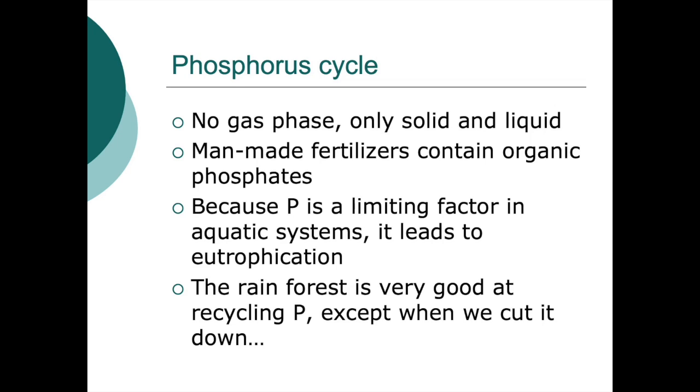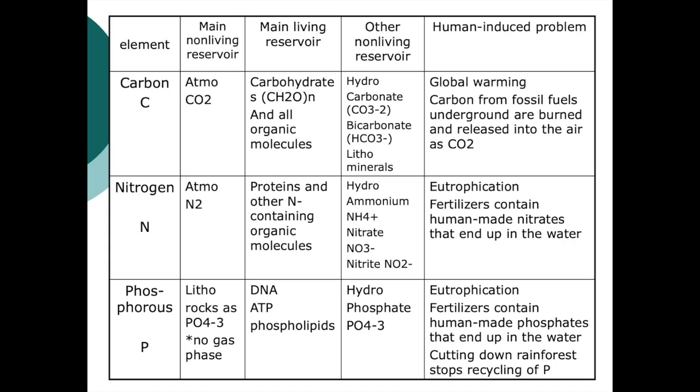When you think of phosphorus, again, there are only two phases: no gas phase, only solid and liquid. All of your man-made fertilizers contain organic phosphates. And because phosphorus is a limiting factor in an aquatic system, this is going to cause rapid die-off, and we've talked about eutrophication. You may want to come back and get that chart, because it gives you a really nice way of thinking about how those biogeochemical cycles work.